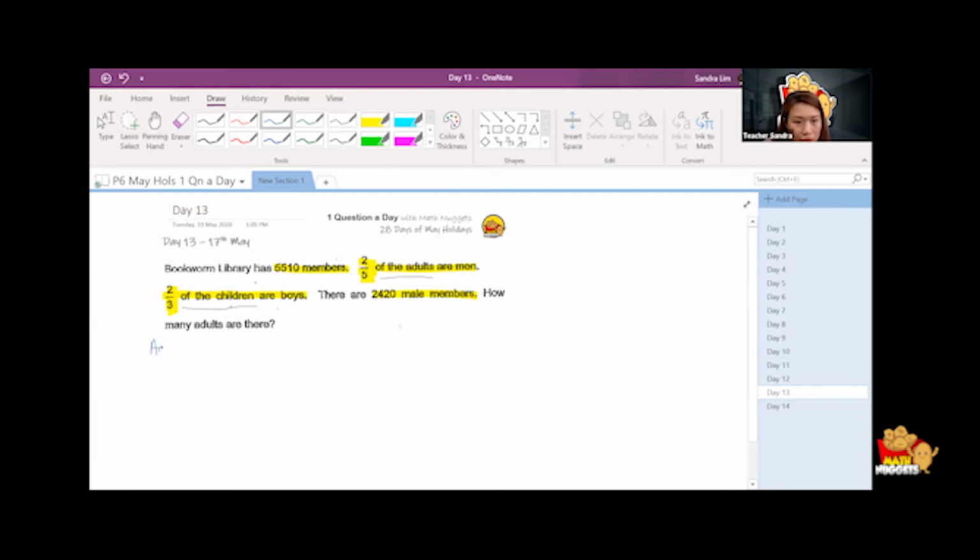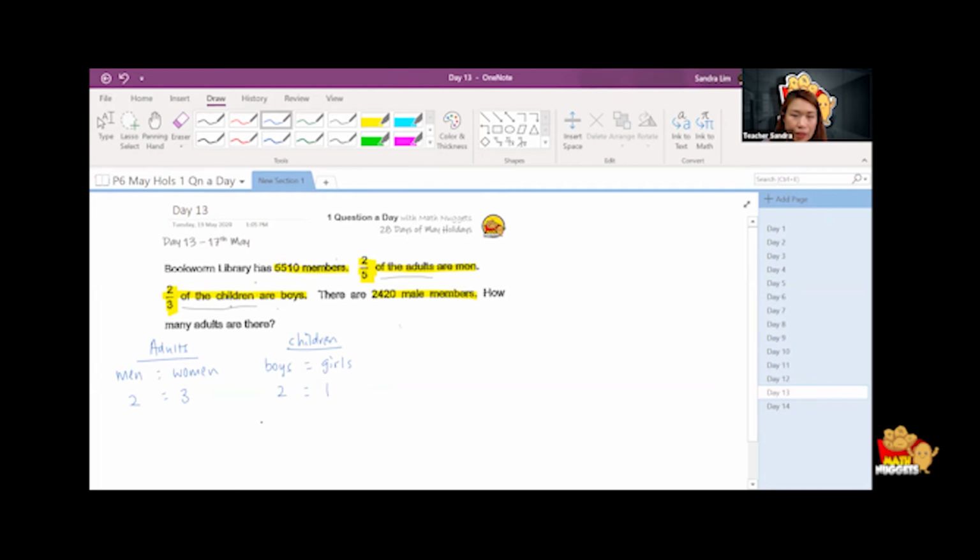So under adults, we have men is to women. So if 2/5 of the adults were men, means 3/5, right? The rest of them will be women. So it's 2:3. Next, the ratio for the children, we have boys is to girls. If 2/3 of the children are boys, means 1/3 will be girls.